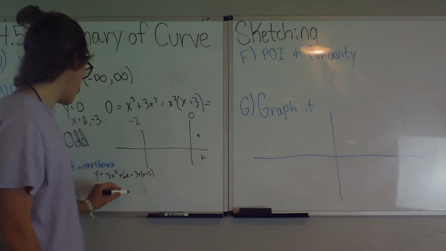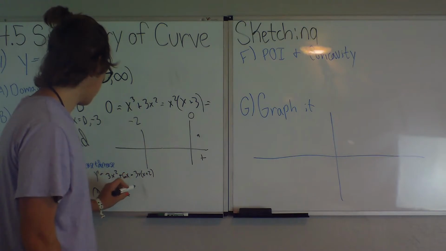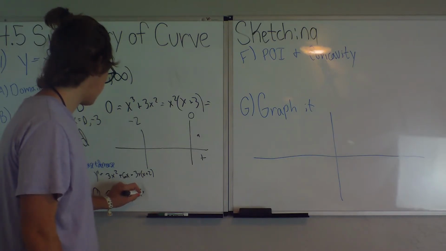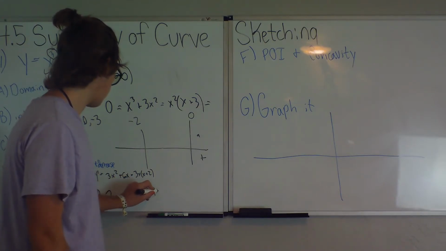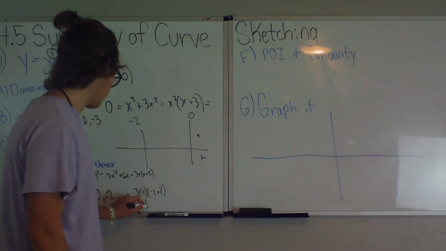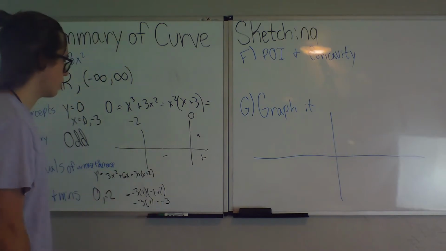And now we plug in negative 1. So 3 times negative 1 times negative 1 plus 2. What is that? We get negative 3 times 1, which equals negative 3. So it's negative. So it's decreasing there.